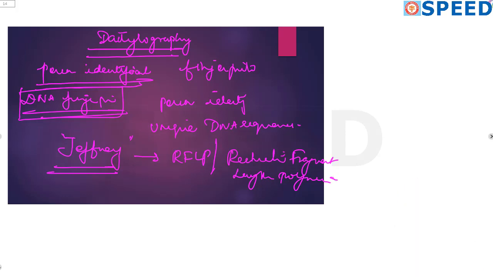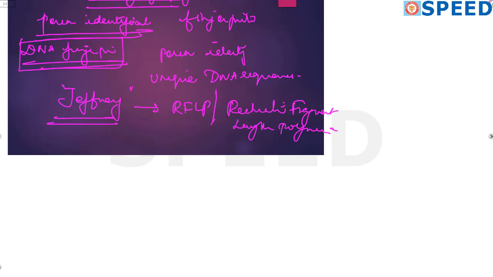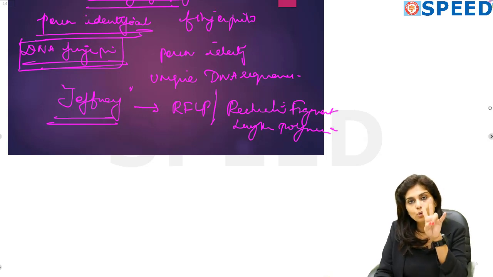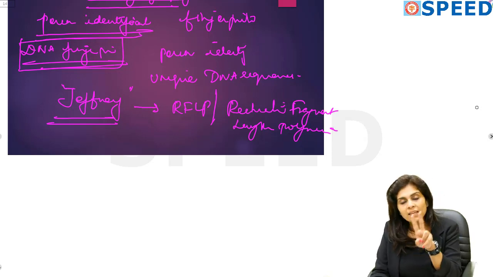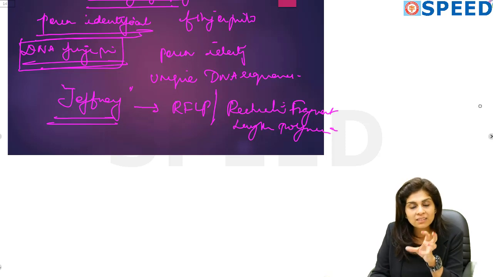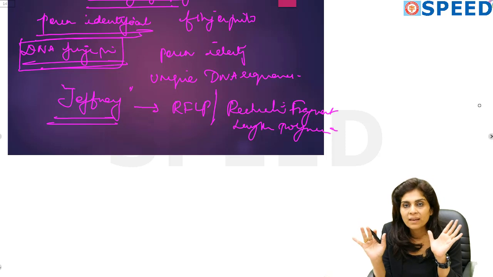So what is the principle behind RFLP being used for person identification? The principle is, listen to this, for no two persons can the number and size of fragments in a restriction digest be identical. It's very simple.